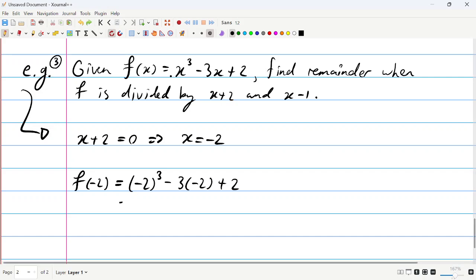Negative 2 cubed is equal to negative 8, and then negative 3 times negative 2 is positive 6, plus 2, and notice this gives us 0. So f of negative 2 is equal to 0. What does that tell us? Isn't this just a factor?